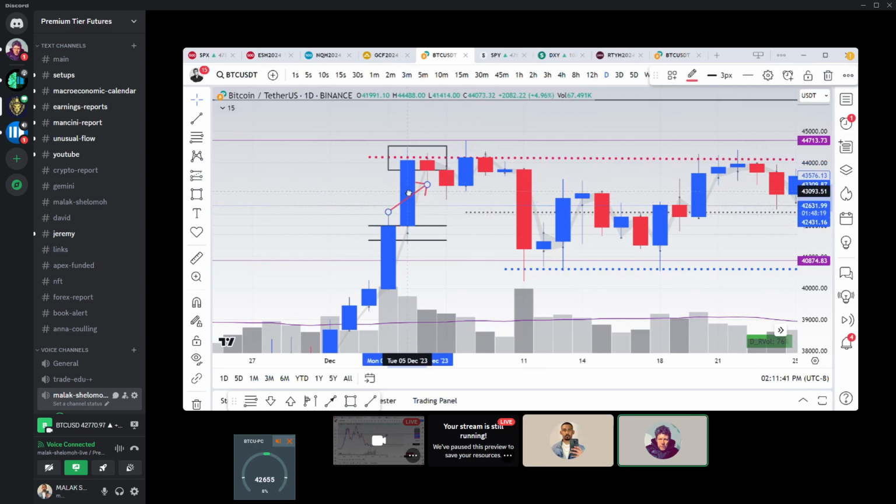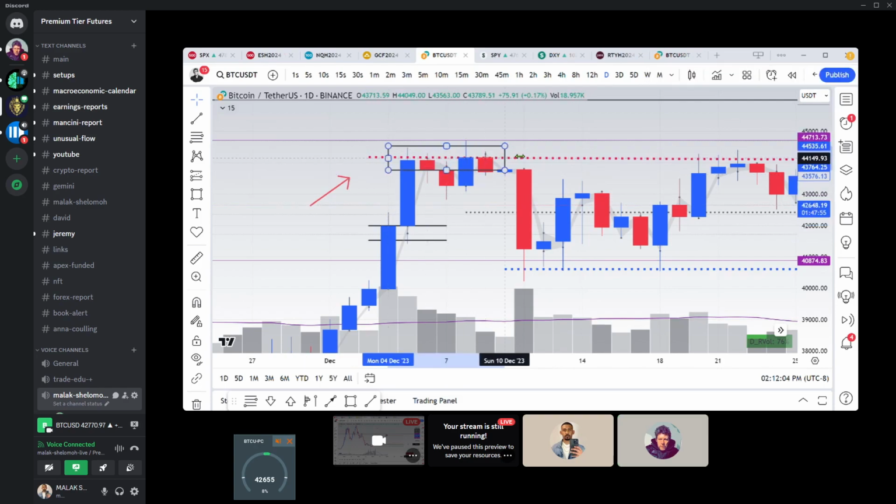The way we're taught in a lot of traditional technical analysis classes is that price would retest the bottom of this candle right here. But what I've been seeing a lot lately is that it doesn't just test the bottom, it breaks through the top. So I'm going to show you that.